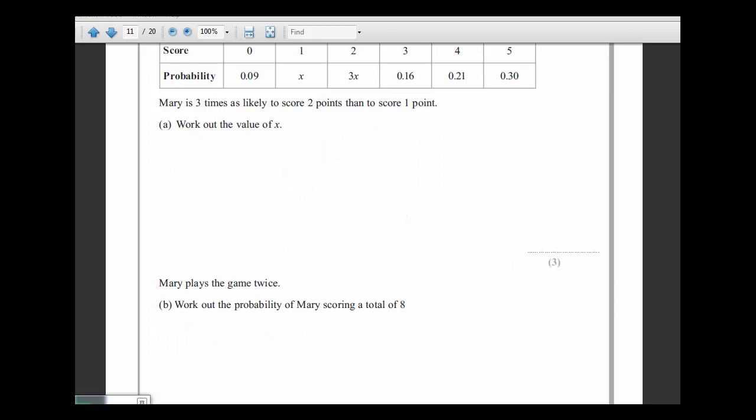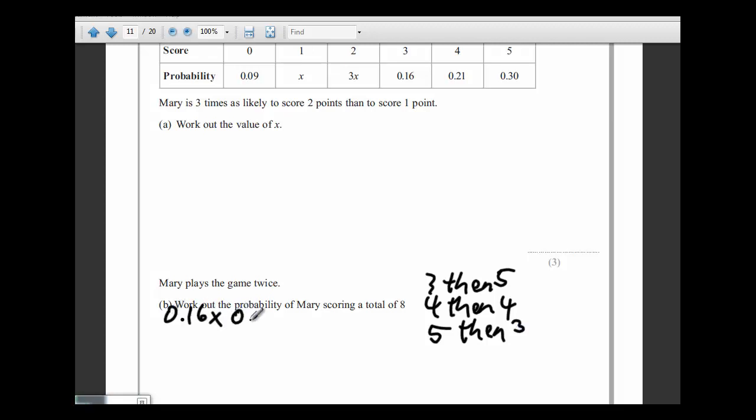So Mary plays the game twice, work out the probability of her scoring a total of 8. Well, how can she score 8? She can get 3, then 5, 4, then 4, or 5, then 3. The probability of getting 3, then 5 is going to be 0.16 times 0.3, which is 0.048.